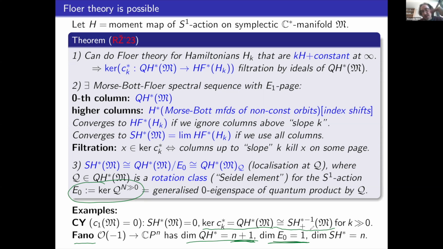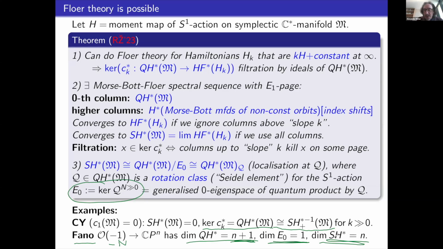So one dimension worth of the quantum cohomology dies, and the symplectic cohomology has dropped by 1 in dimension. And you can also do this for larger slopes. So for O(-n), the rank will drop by n, and eventually the Calabi-Yau case is when you reach curvature -n-1, and that's exactly when the symplectic cohomology vanishes. So this is the story.